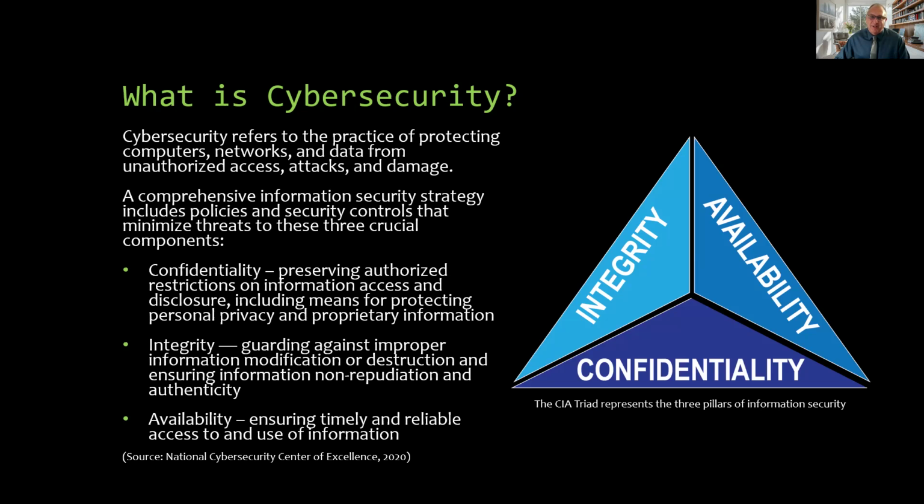Integrity is making sure that the data hasn't been damaged or modified. This might involve making sure that your software updates are legitimate through digital signatures. So integrity is keeping everything trustworthy.